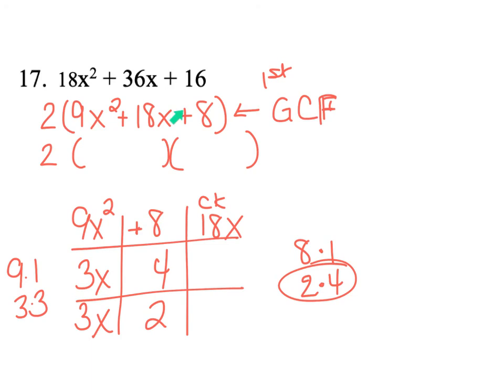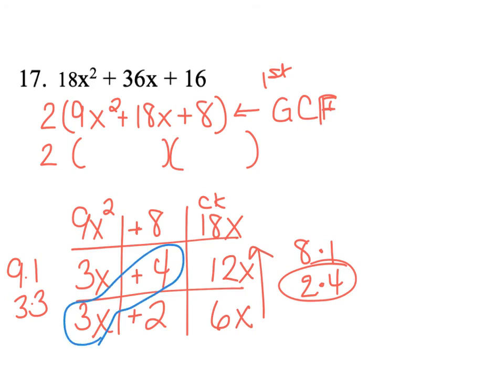How about my signs? Well, positive here means they're the same. This means they're both positive. So I multiply across, gives me 12x and 6x. Yes, I got it on my first try. So my one factor is 3x plus 4, and my other one is 3x plus 2. If I would multiply this all back together here, I would get what I originally started with.